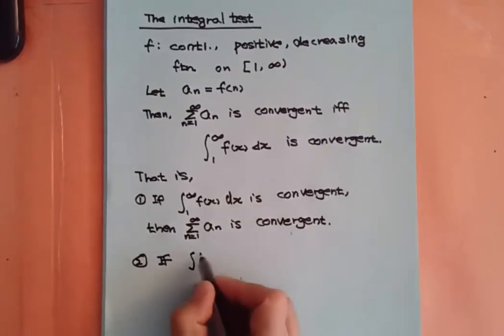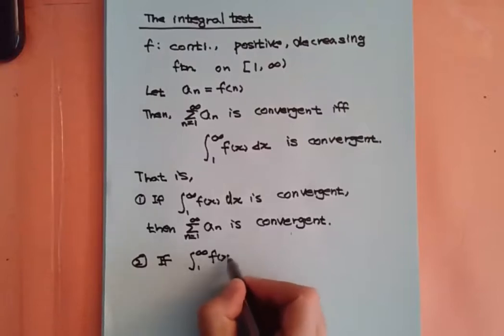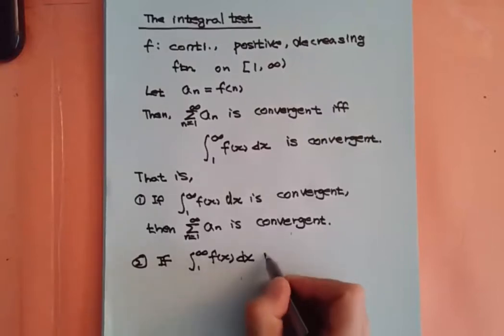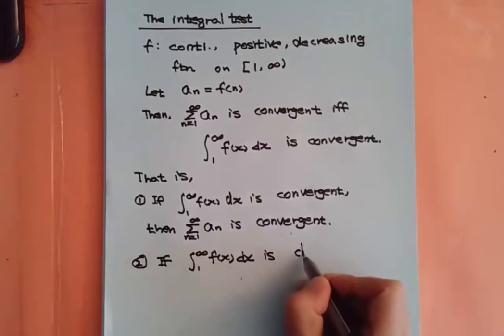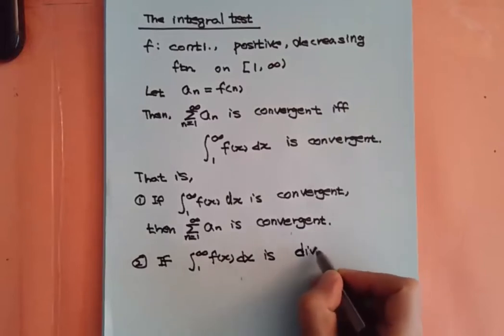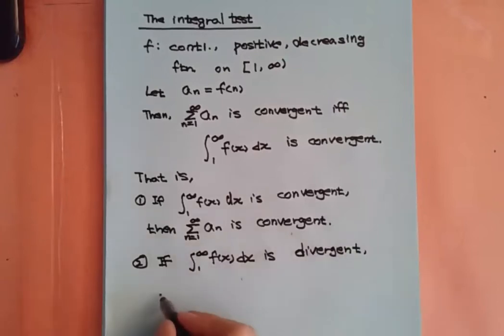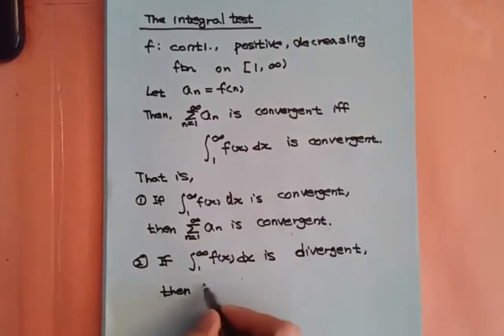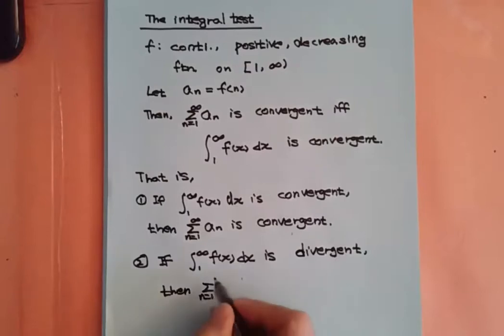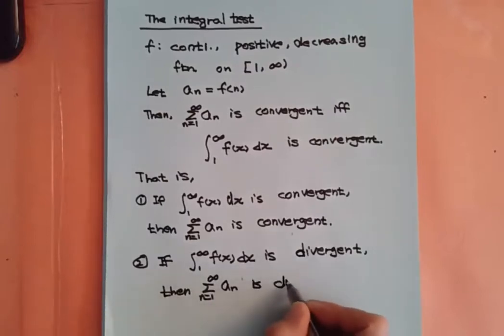Secondly, if the integral of f of x dx is divergent, then the summation n equals 1 to infinity, a_n is divergent.